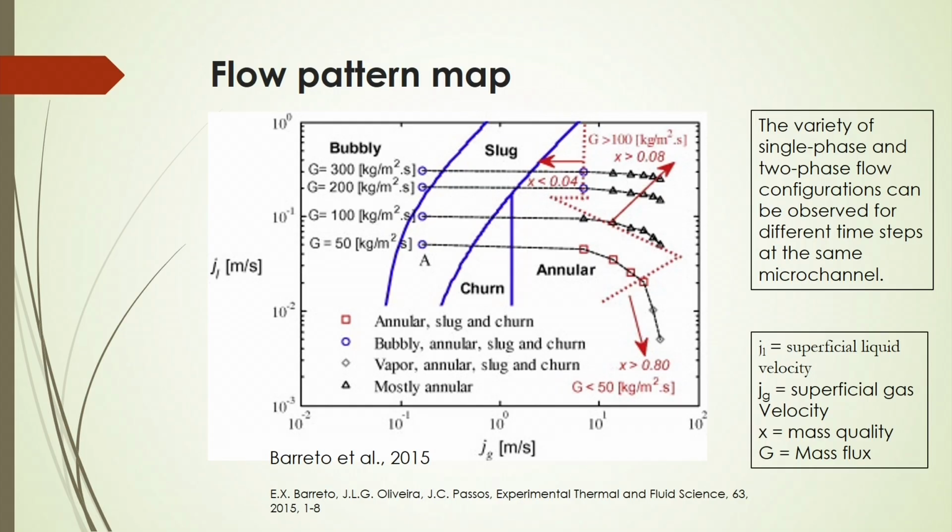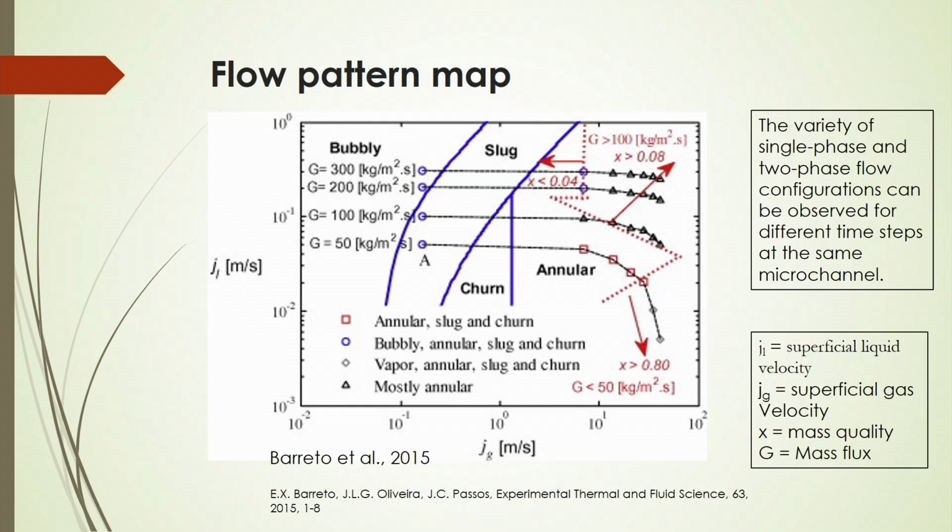In this flow pattern map, the x axis is Jg, meaning superficial gas velocity, and Jl is denoted for superficial liquid velocity. If there is a gas liquid operation through that monolithic microstructure reactor, you will see that at various gas and liquid velocities, you may have different types of flow patterns.